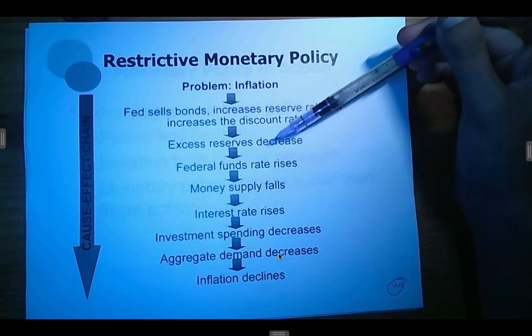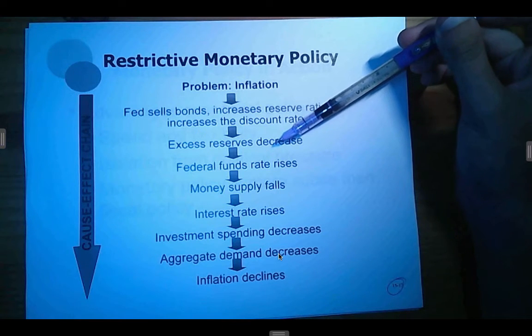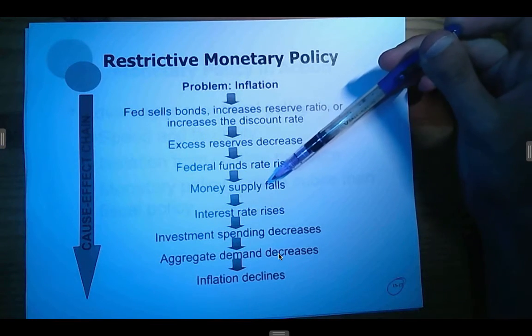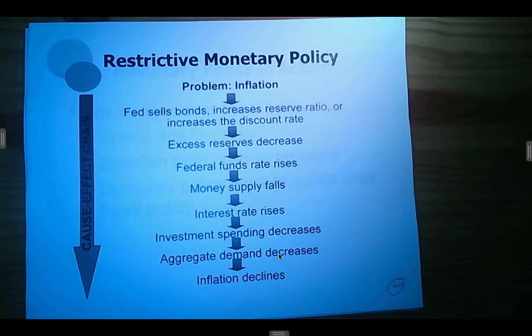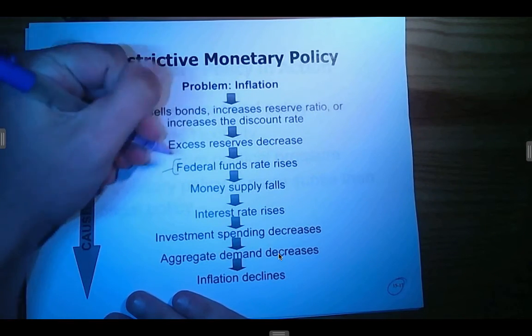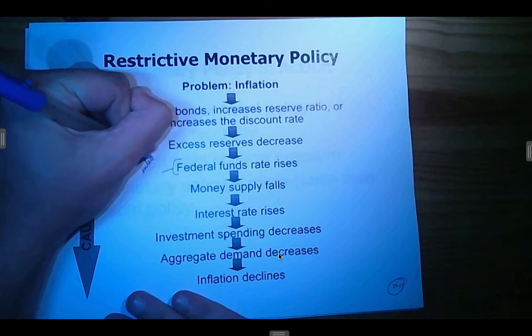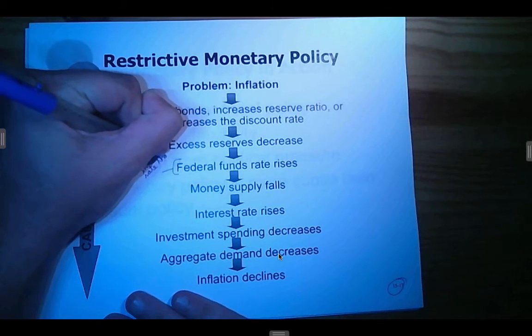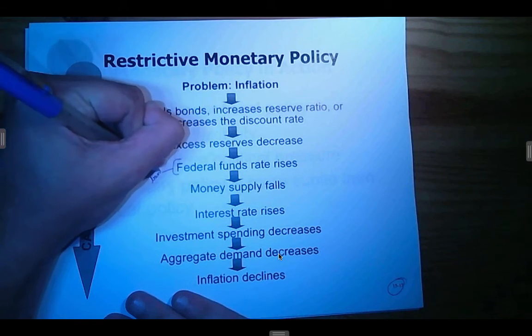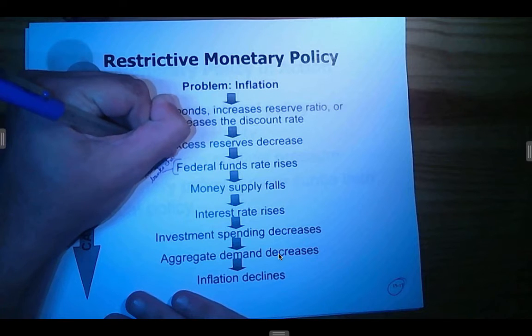What that means is that banks then have less money on hand. The money supply starts to fall. When they say federal funds rate here, just so you're aware, this is the interest rate that banks charge each other when they borrow from each other.